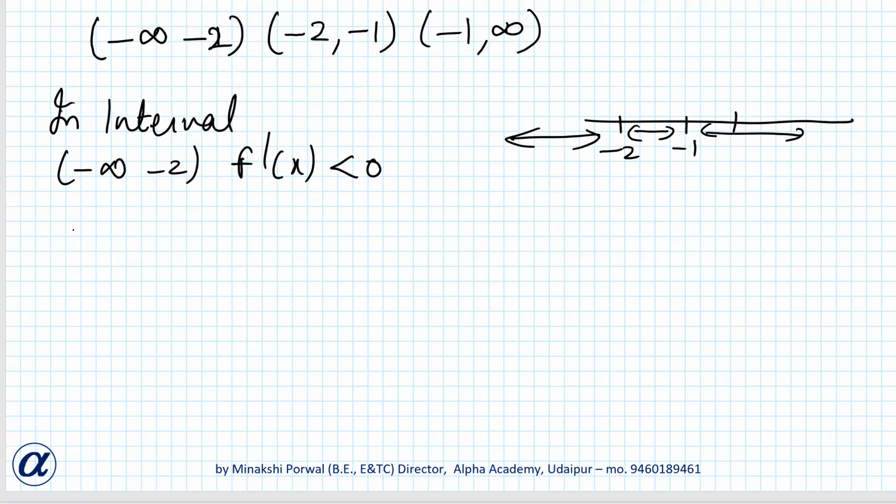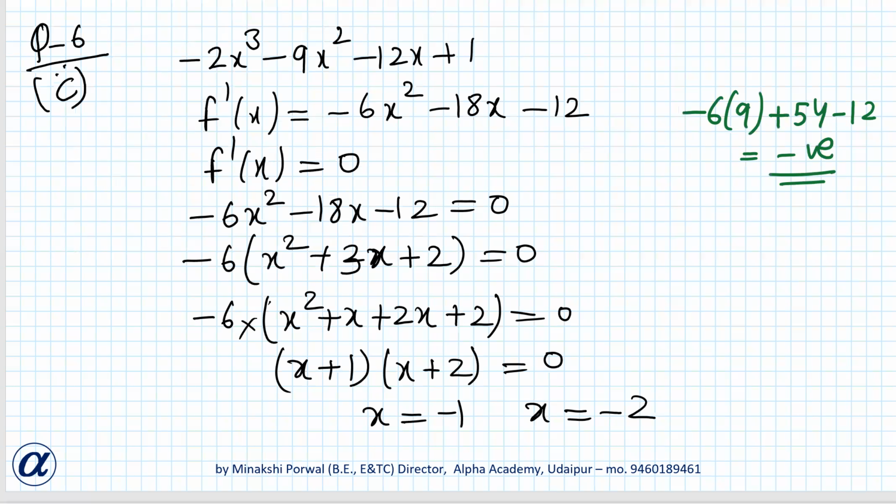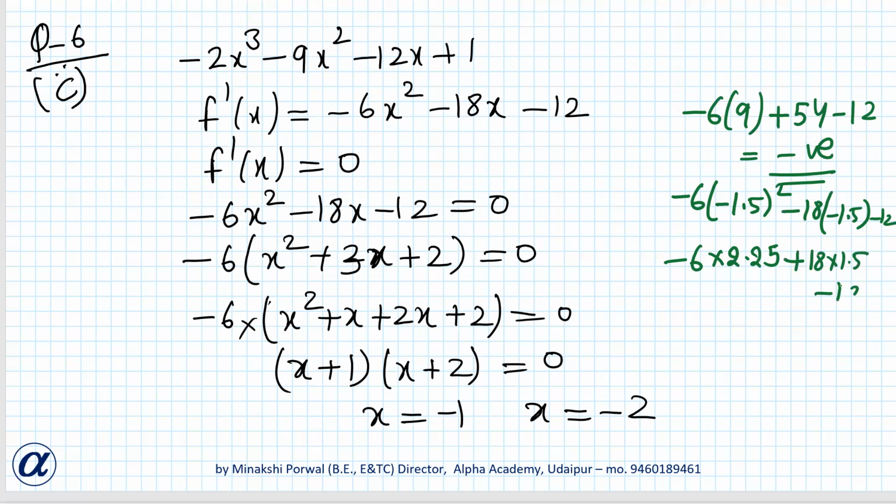Then we'll check in the interval minus 2 to minus 1. Suppose minus 1.5. So we can check this value: minus 6 into minus 1.5 the whole square, minus 18 into minus 1.5 minus 12. So minus 6 into 2.25 plus 18 into 1.5 minus 12.